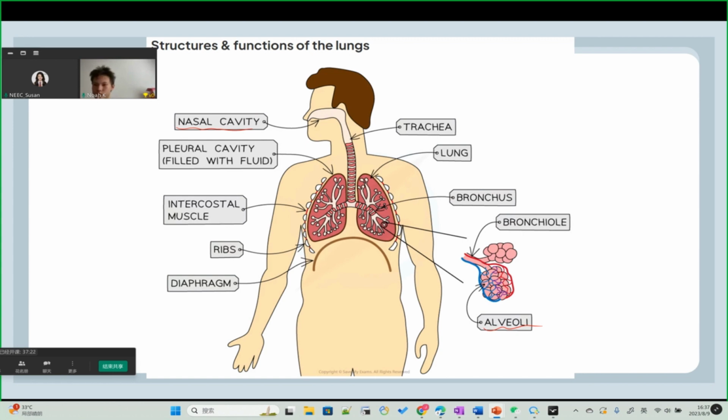So we'll just move on. The pleural cavity. What was it for? The pleural cavity is like the structure for your lungs, and since it's filled with fluid, it's a kind of protection from friction.